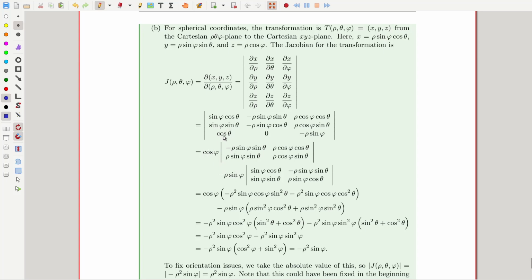Something is already wrong here. Okay, I'm fairly sure that this 0 is supposed to be phi. I think I copied this straight from the book, so this might mean that the book has an error as well. Okay, so cosine phi is there, and then you have the subdeterminant given by these 4 entries, and then 0, and then this cofactor.